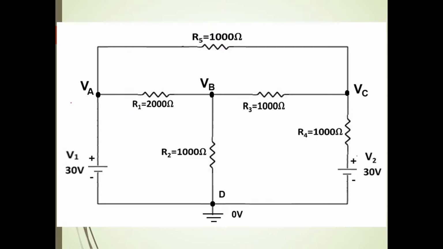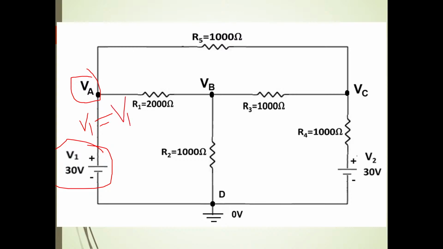What are the node voltages? VA, VB, and VC are the node voltages. Now consider the branch currents. One thing, you just observe carefully. This is my source V1. It is directly connected to node A. So what is the voltage at node A? VA. Since the source is directly connected to node A, V1 will be equal to VA.